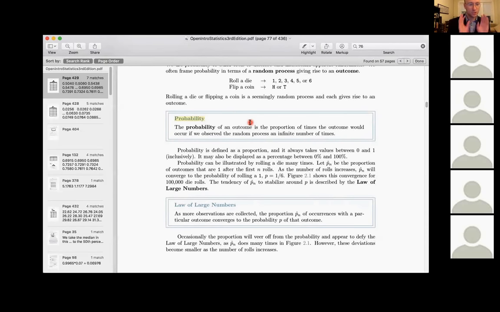Notice that those two possibilities or outcomes add to 1. So all possible probable events for an outcome should add to 1.